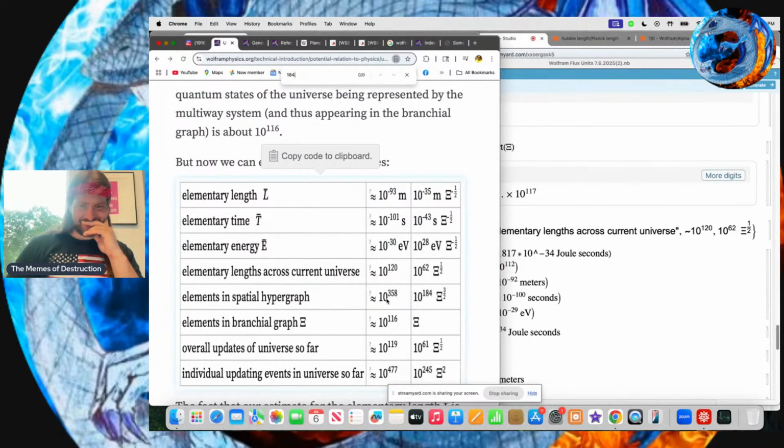The elements in the spatial hypergraph is that. You're going to multiply that by 3 halves. Where the heck are we getting 184? 10 to the 26. Oh, this could be crazy.